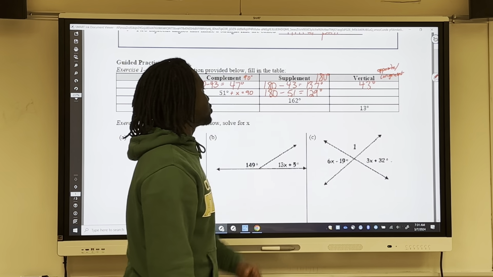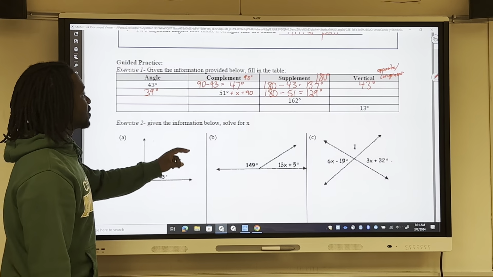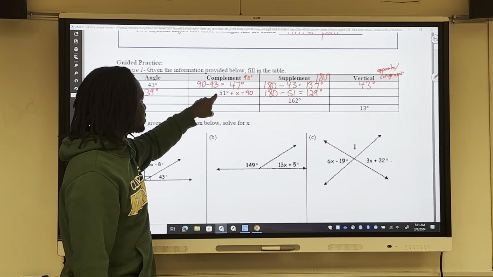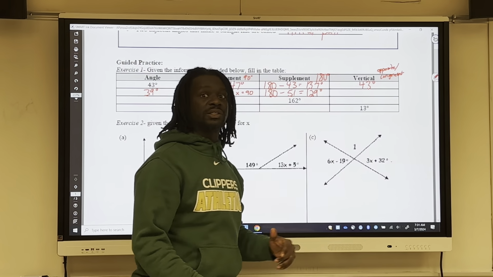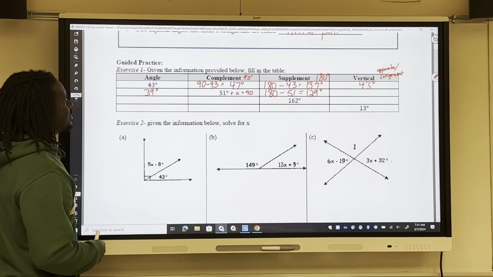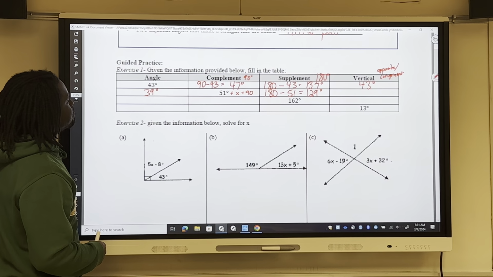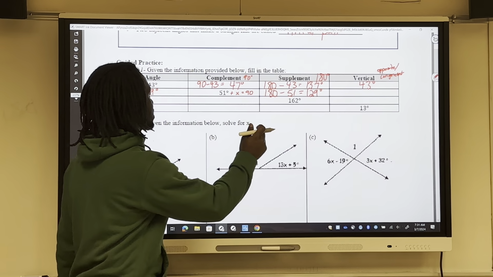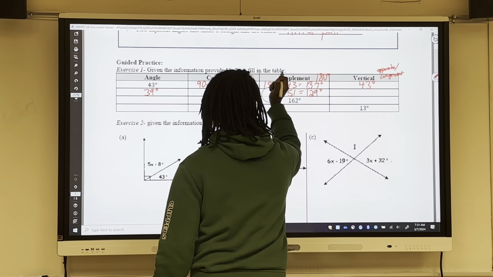And then if I have an angle that's 51, what angle is a vertical angle to that? You know what? I'm sorry. I've done that wrong.